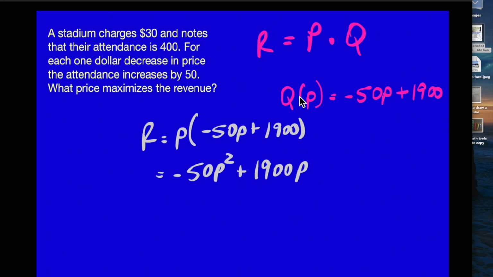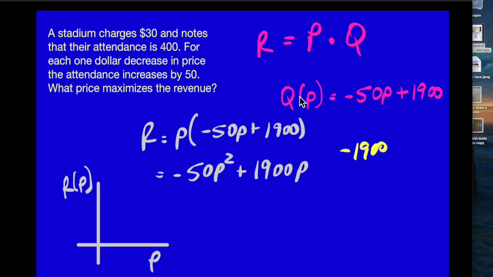This is a function now where the revenue is a function of P. Here we have an input of P. So we just need to get negative B over 2A. And when we do that, we're going to get negative 1900 over negative 100, or a price value of 19. So when the price is $19, our revenue will be maximized.